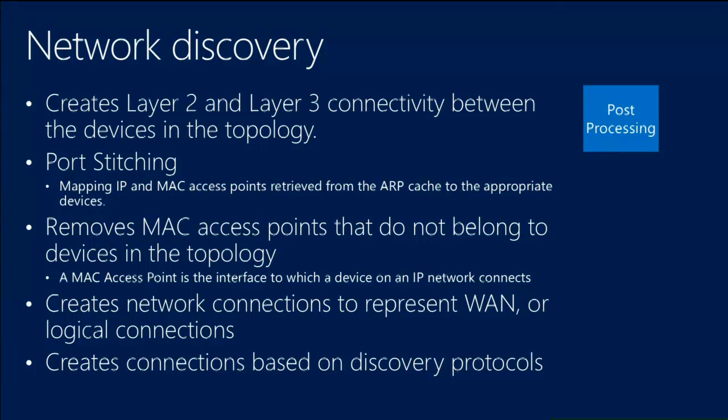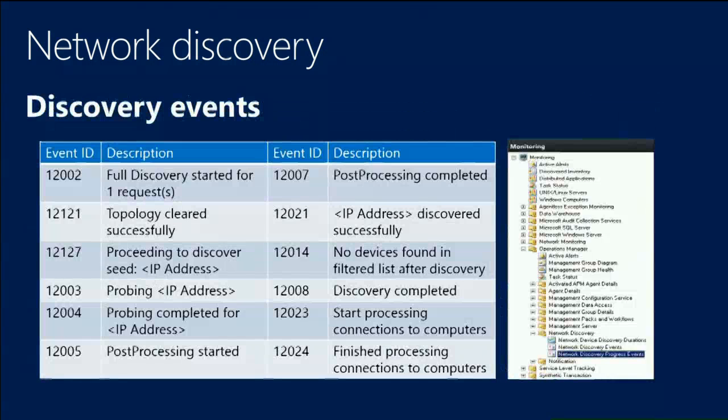Or they should come in through VMM and the VMM connector, so we know about the virtual machines and their MAC addresses, so we can see the corresponding MAC address through the network, create the line and spiderweb for you, and do the port stitching. We will remove MAC access points that do not belong to the devices in the topology and create network connections that show up as wide area networks, etc., based on certain discovery protocols.